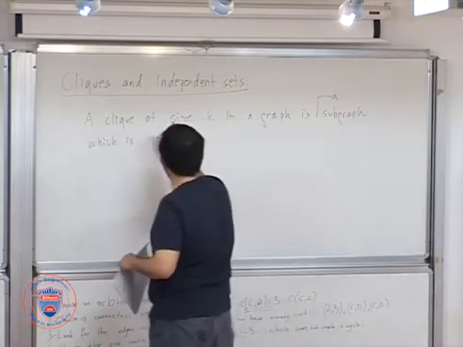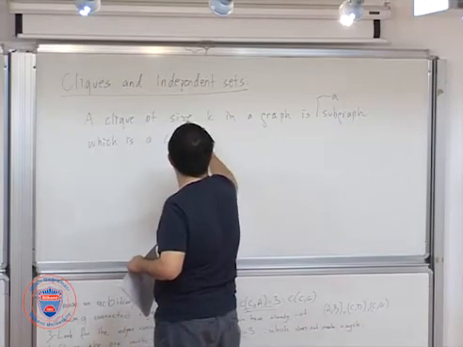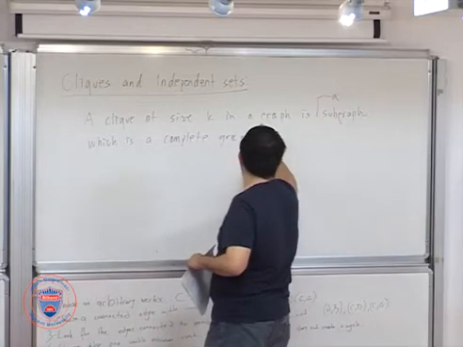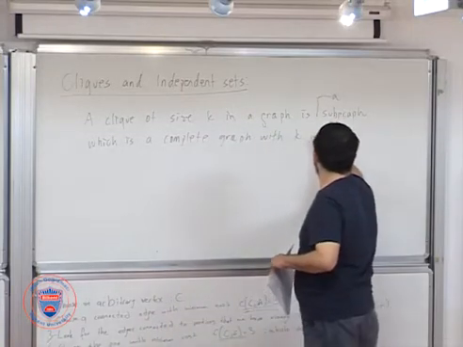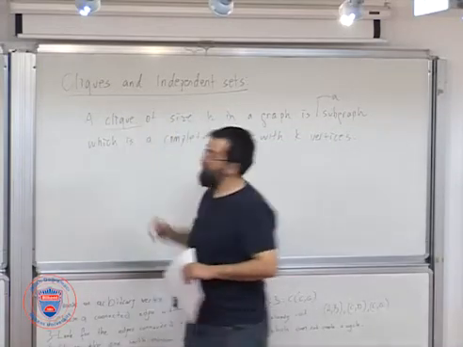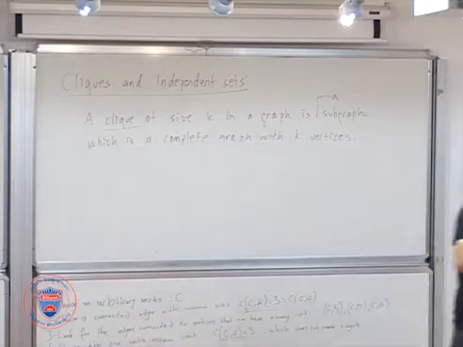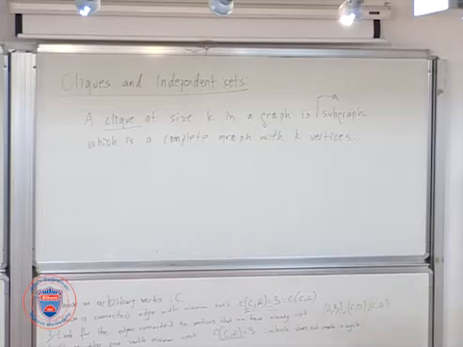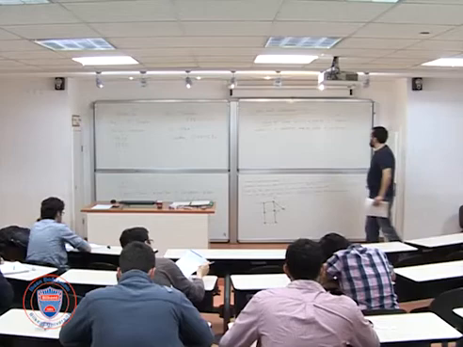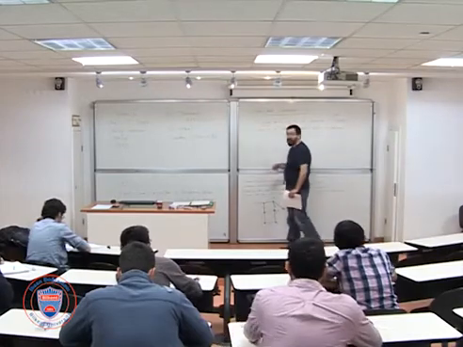A clique, by definition, is a subgraph with k vertices where any two vertices are connected by an edge. So a clique of size 3 is a triangle.